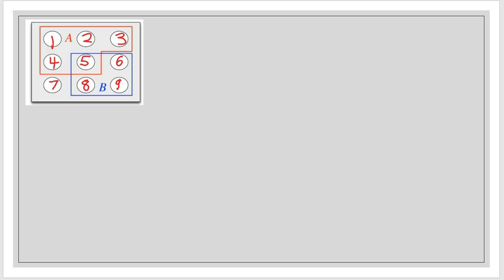Okay, so you can see now that the set A consists of, and I write this curly brace, 1, 2, 3, 4, 5. Anyway, it's still intended to be a curly brace.